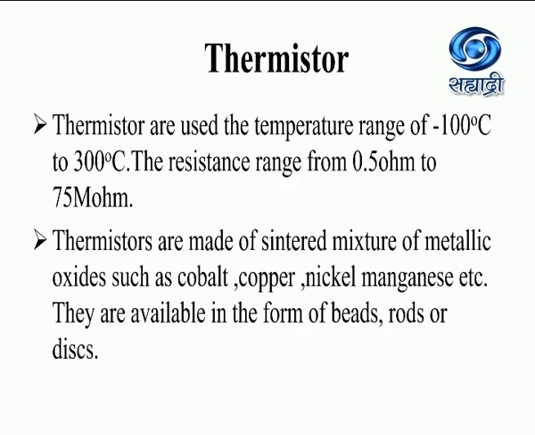Thermistors are used in the temperature range of -100 degrees Celsius to 300 degrees Celsius, and the resistance ranges from 0.5 ohm up to 75 mega ohm. So a huge range is available for this thermistor. Thermistors are basically made up of a sintered mixture of metallic oxides such as cobalt, copper, nickel, manganese, etc. They are available in the form of beads, rods and discs.